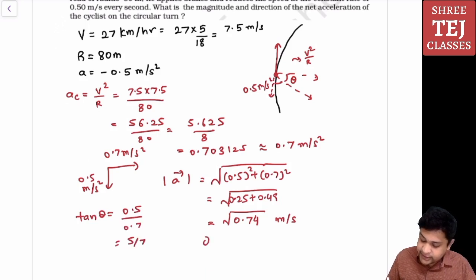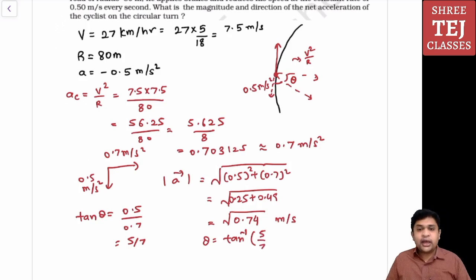So angle theta is tan inverse 5 by 7. Okay, so this would be the direction and magnitude of the acceleration.